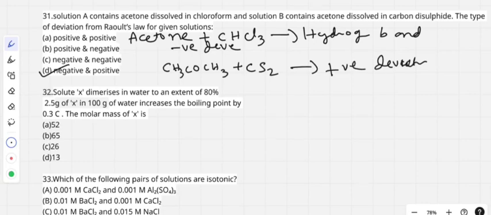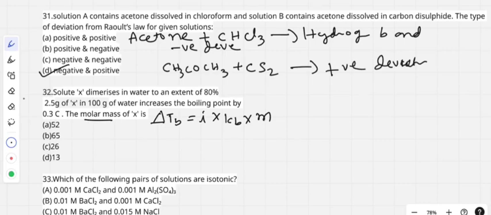For this we know that delta Tb is equal to i into Kb into m, molality. By using molality, you can calculate the molar mass.